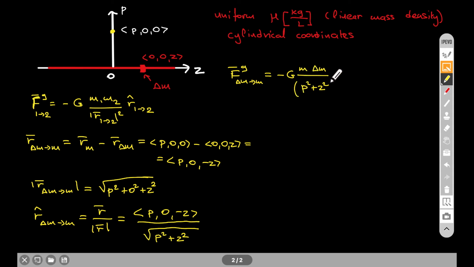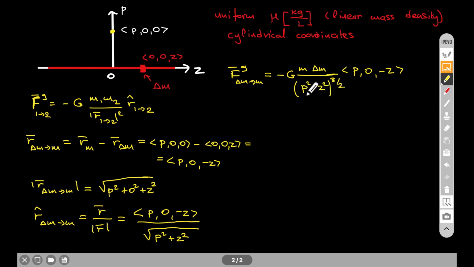So what I can do here is say that this is simply 3 over 2, (rho, 0, -z).